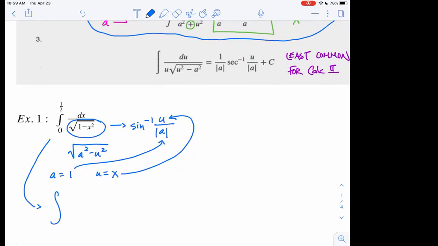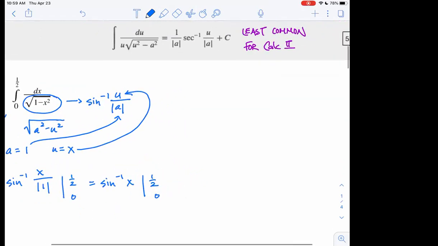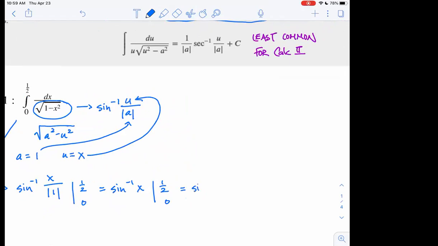We're going to do arc sine of x over absolute value of 1. No plus c because it's definite, but I'm going to drop the line and put the 1/2 and the 0. That's going to give me arc sine of x. I'm going to plug in 1/2, and I'm going to plug in 0. Arc sine of 1/2 minus arc sine of 0.